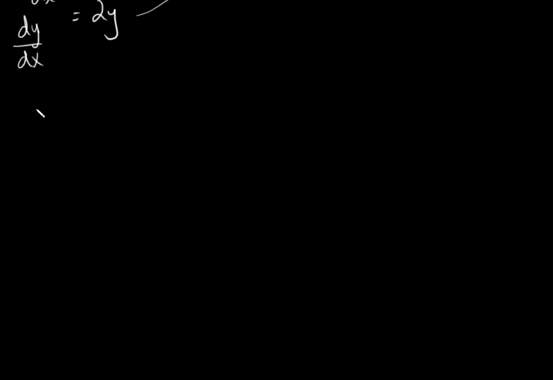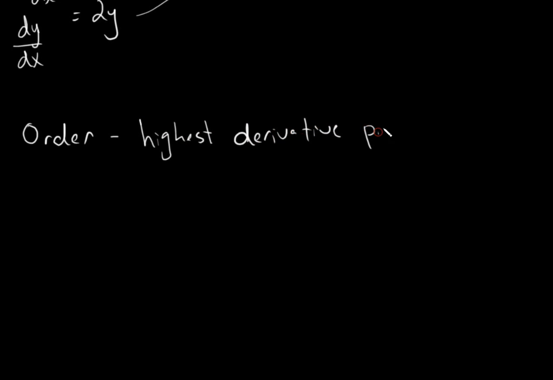Okay, so there's many different types of differential equations. Let's just go over some characteristics. So let's talk about order. The order of a differential equation is the highest derivative present in the equation.